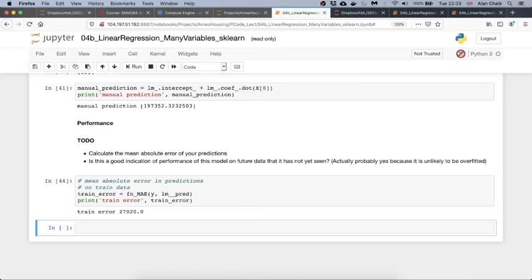So the average error is $27,000. So when we are predicting house prices, on average we're getting it wrong by $27,000.